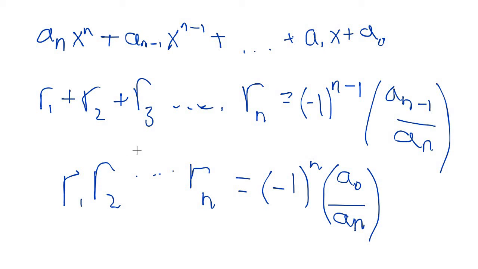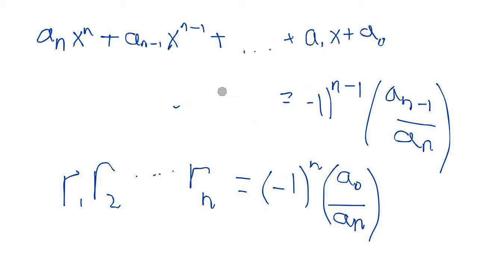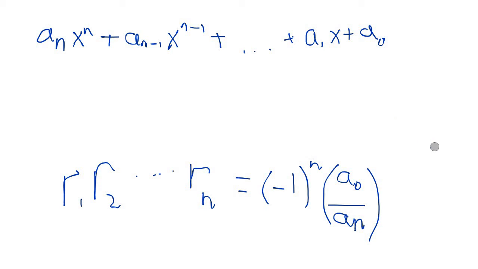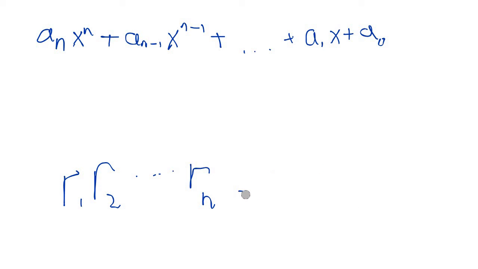So right here we have two formulas in Vieta's, but you can also find other formulas for r1, r2, r3, all the way up to rn, but I'll be discussing that in a later video because that will take too much time to explain since I've already explained some other stuff. So I'll be elaborating more on generalized Vieta's formulas in another video.